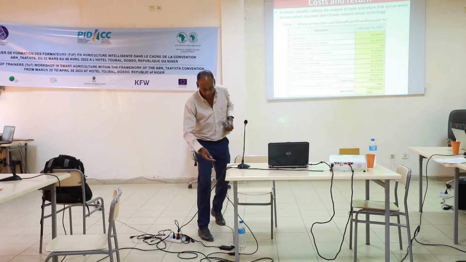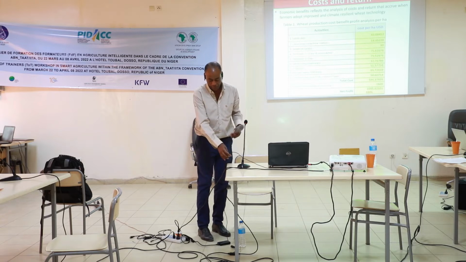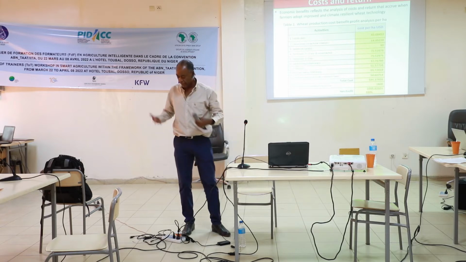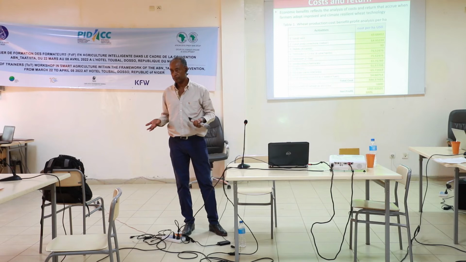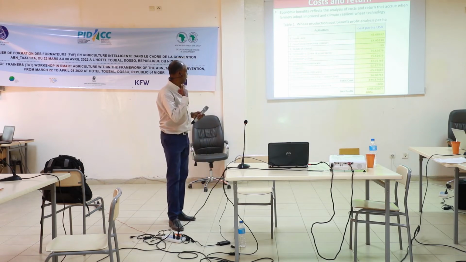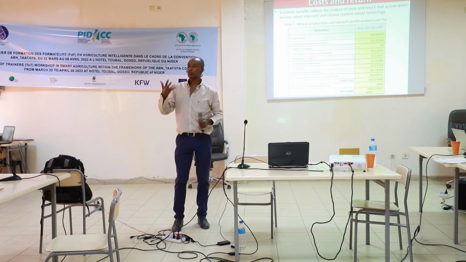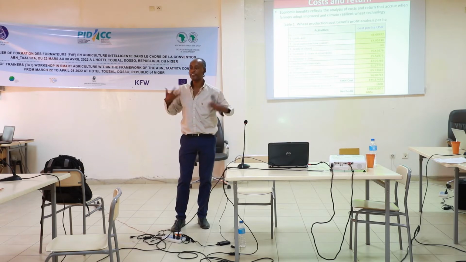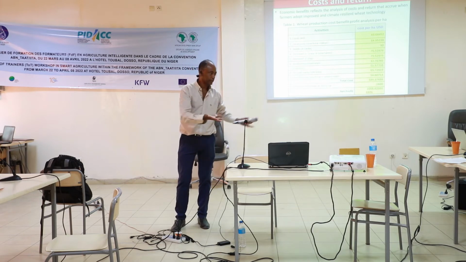Number one, a farmer may not have land, so he has to pay rent per hectare. The second is the cost of land preparation. He may not have a tractor, but he has to rent a tractor.